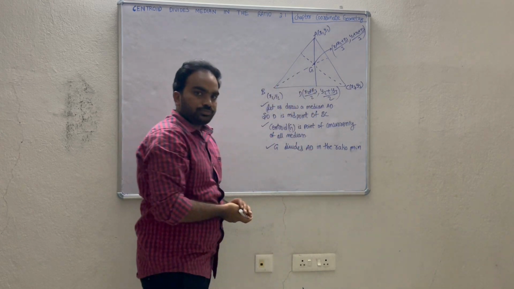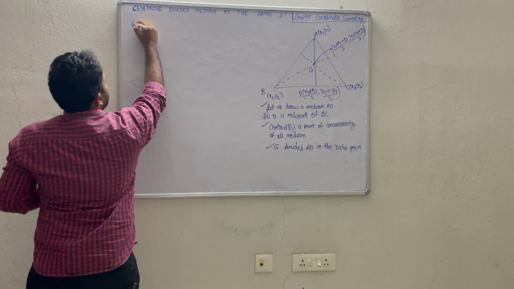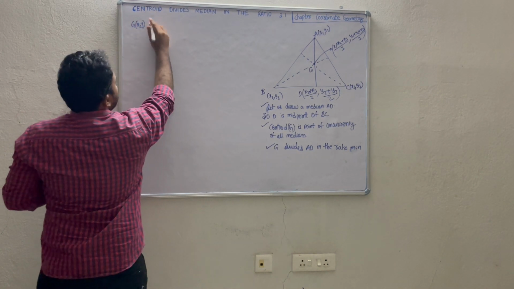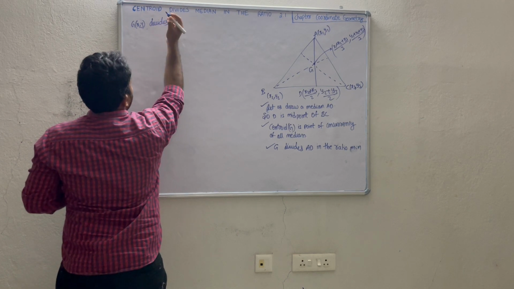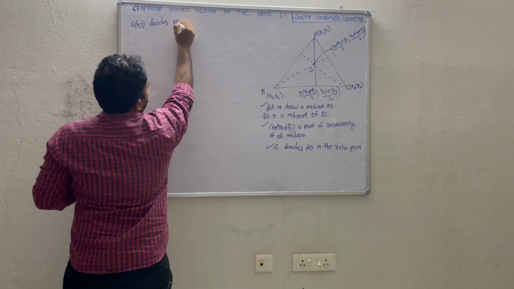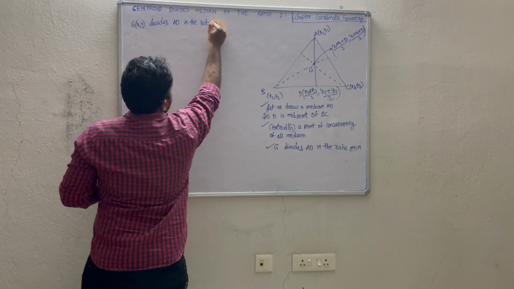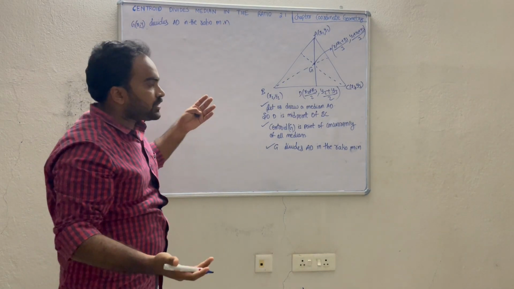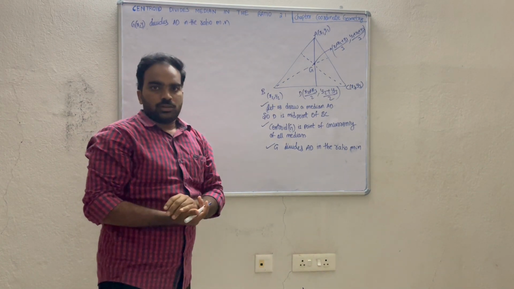G(x, y) is the point dividing the line AD in the ratio m is to n. That is the assumption.